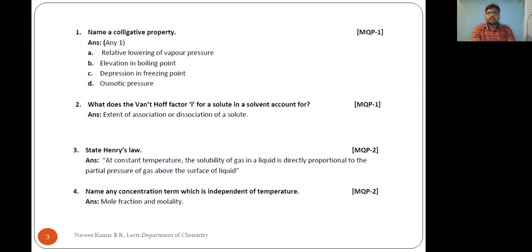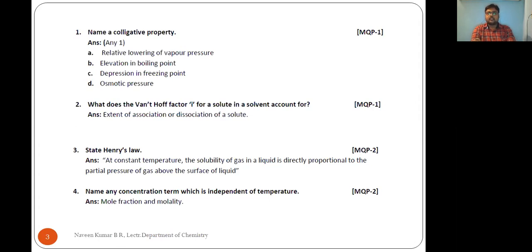So we'll consider the questions from second model paper, model question paper 2. It is question number 3 and 4. Question number 3. State Henry's law. As we have learned in the unit, there are 2 important laws, Henry's law and Raoult's law.